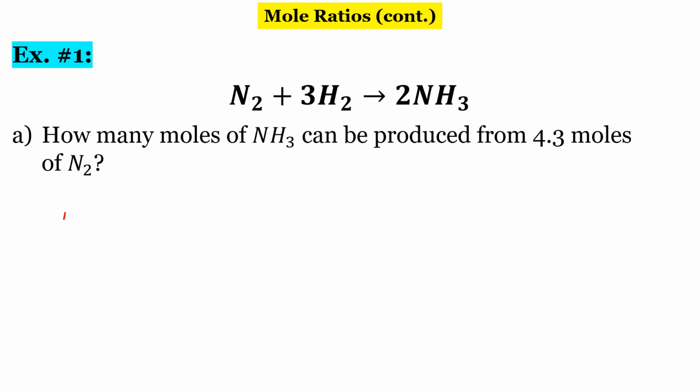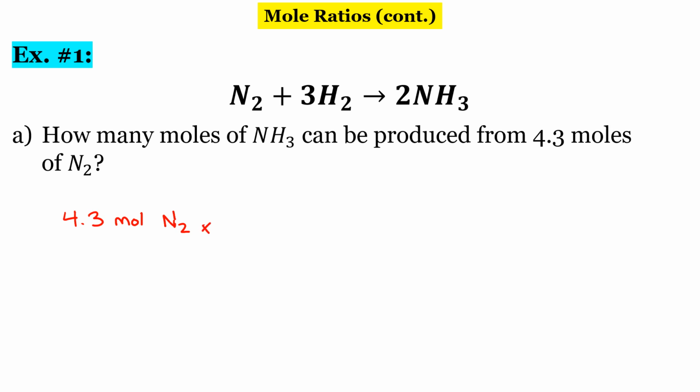So we have 4.3 moles of N2. Now notice when I wrote out my moles, I included the N2. When we do mole ratios, we want to make sure that we specify what we're dealing with, because moles of nitrogen and moles of NH3 are both moles, but they're not moles of the same thing.